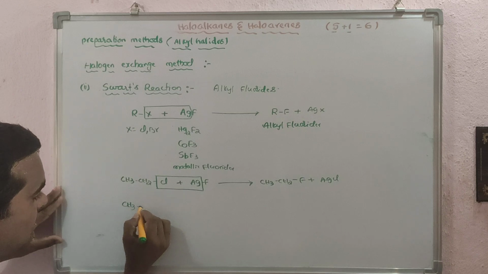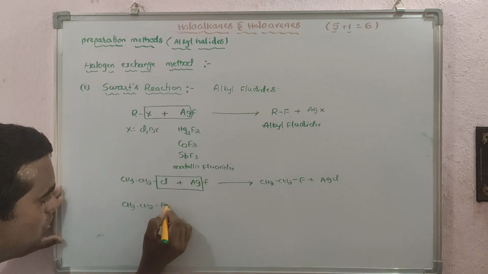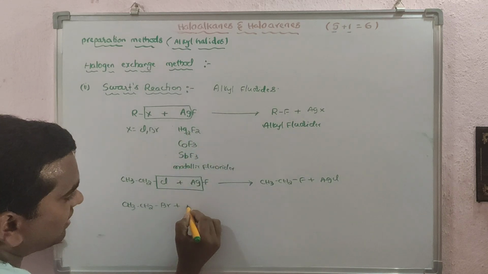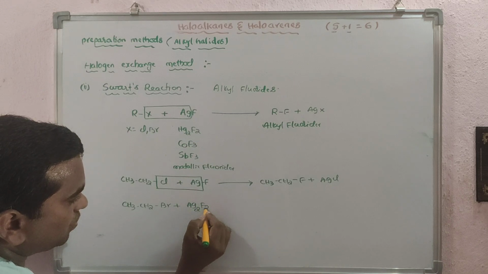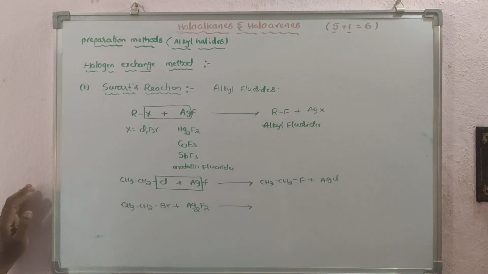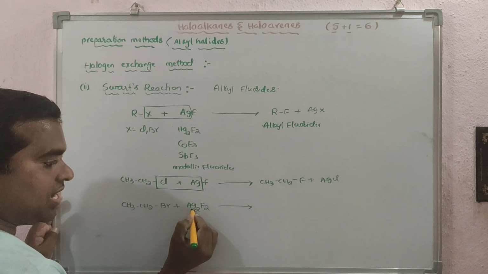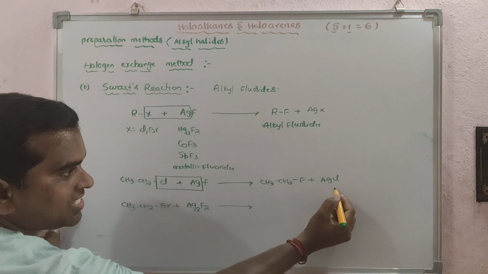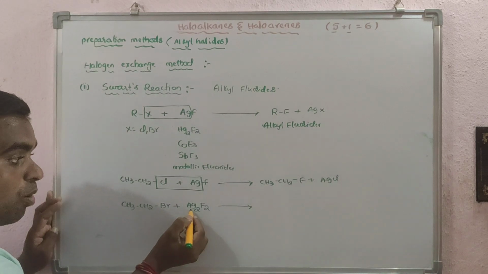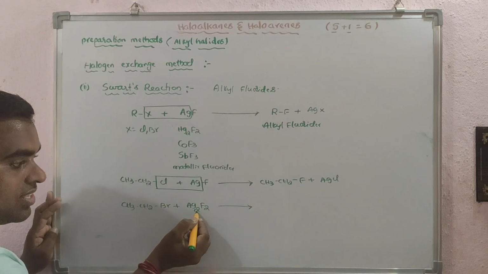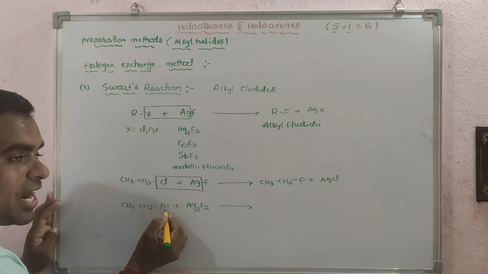In the same way, if I take another metallic fluoride, for example Hg2F2, then you see, CH3CH2Br plus Hg2F2. This is another metallic fluoride, right? Now here one bromine, and here Hg and bromine will be removed as HgBr like AgCl. But how many metal atoms are there here? 2. But how many bromine atoms are required? 2.